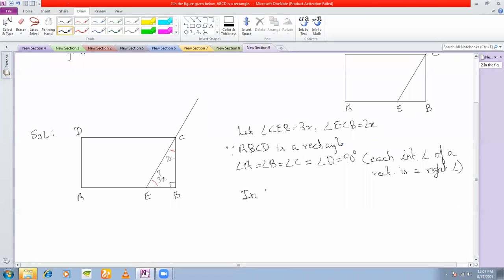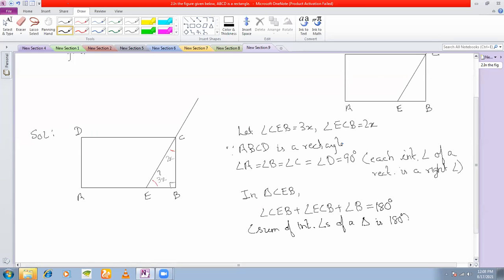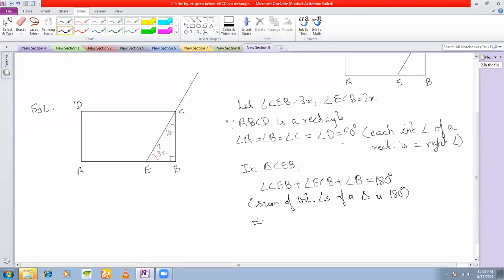So that means in triangle CEB, angle CEB plus angle ECB plus angle B, which is 90 degree, is equal to 180 degree, because sum of interior angles of a triangle is 180 degree. You'll give your reason: sum of interior angles of a triangle is 180 degree. Now you put the values. CEB is how much?